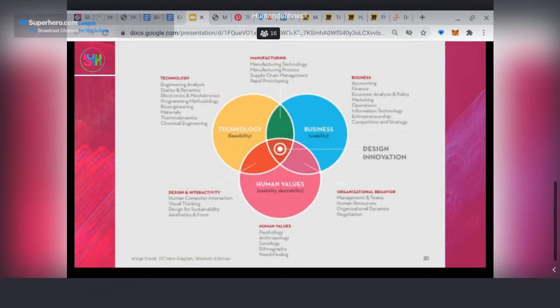Last but not least, the human values: how usable or desirable this product will be for the final customers.